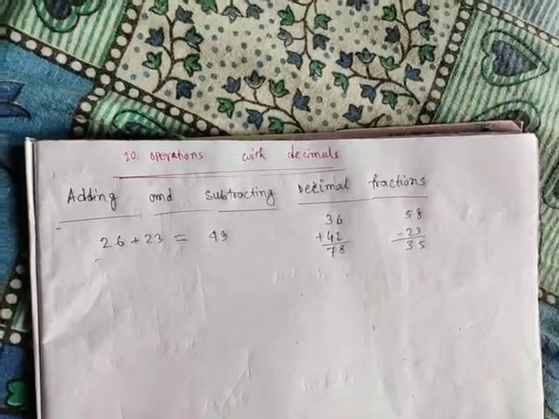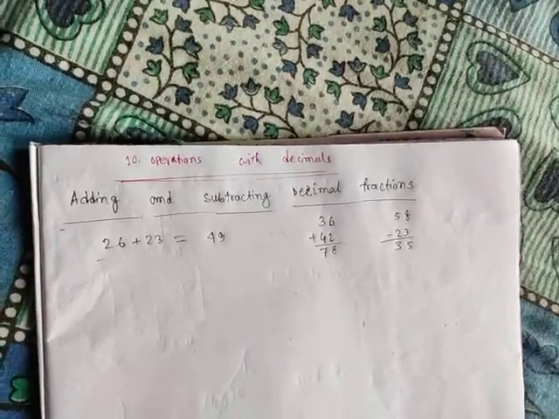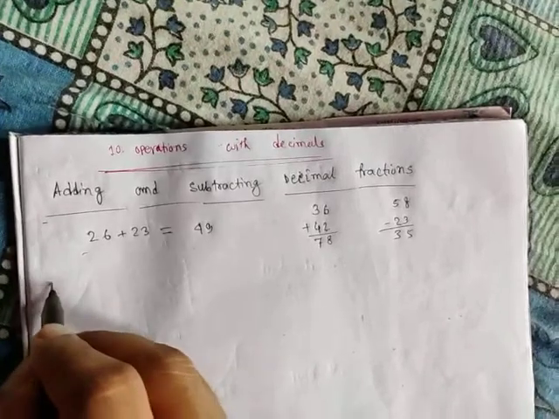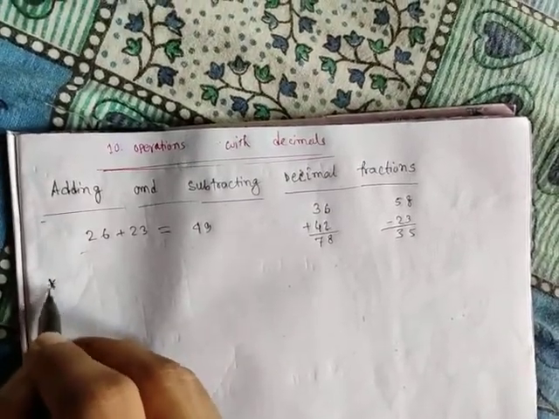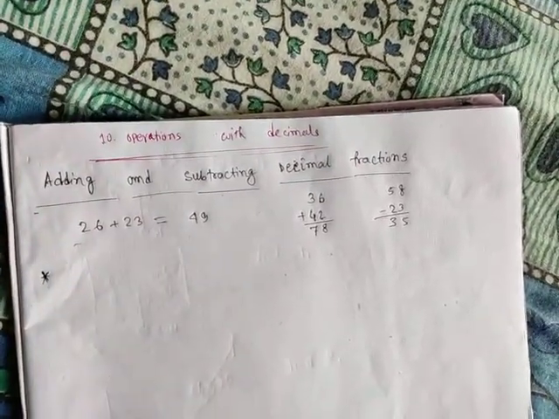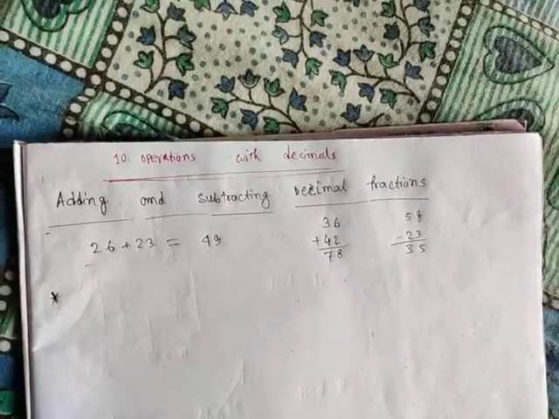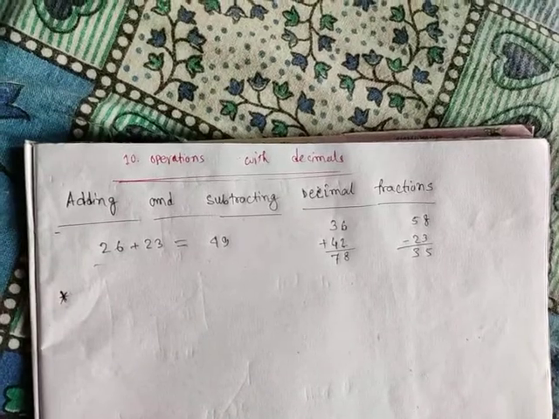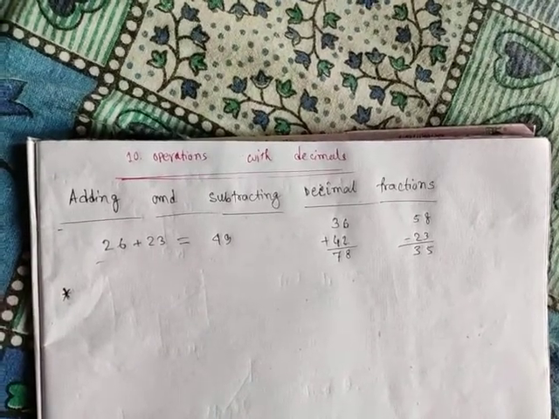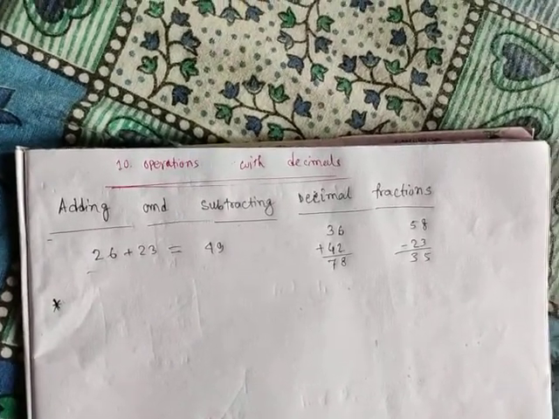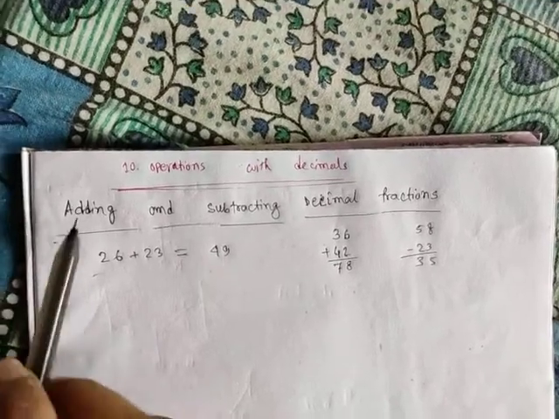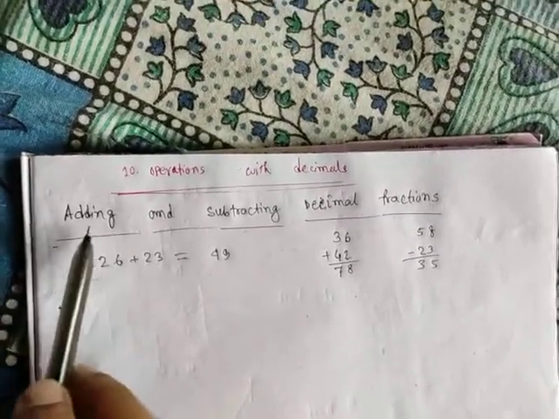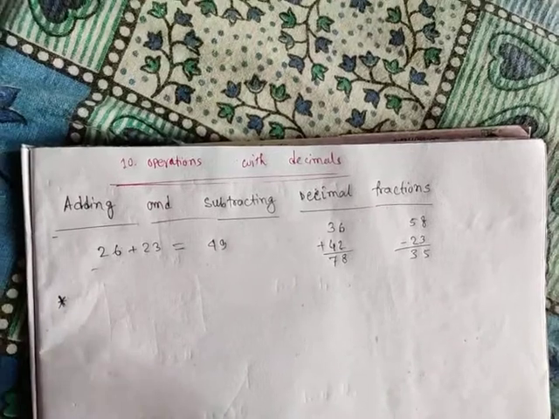If you remember these 2 points, then you can do all the addition and subtraction easily. And these 2 points are only for addition and subtraction, not for the multiplication or division of decimal fractions.